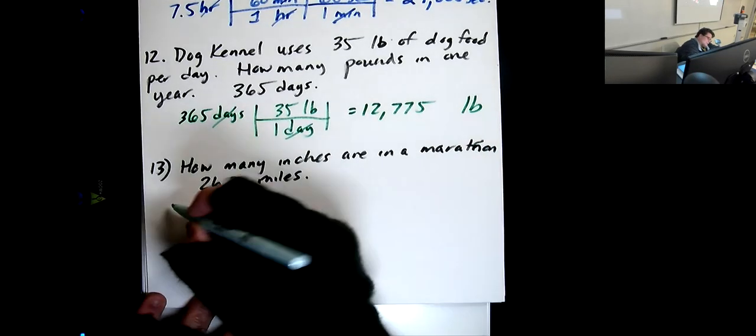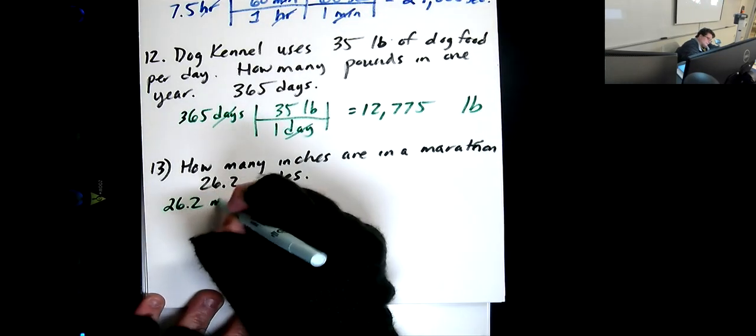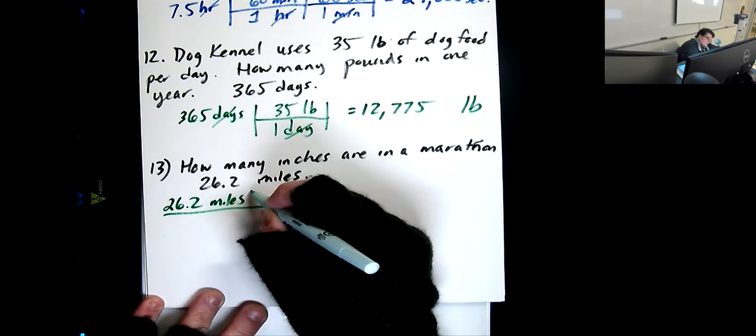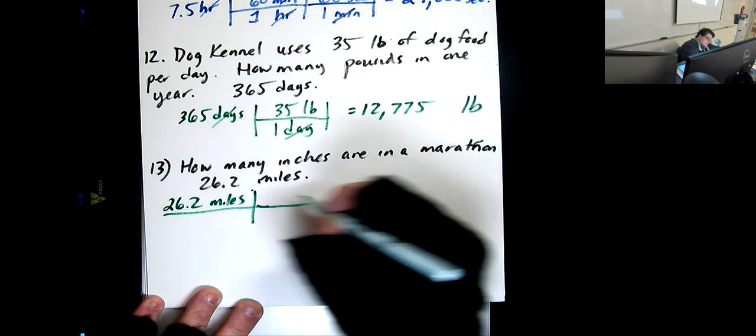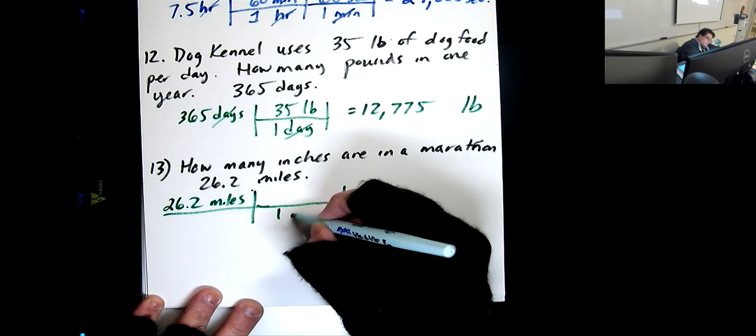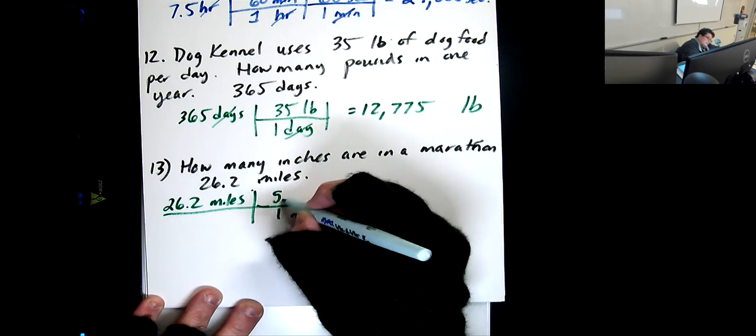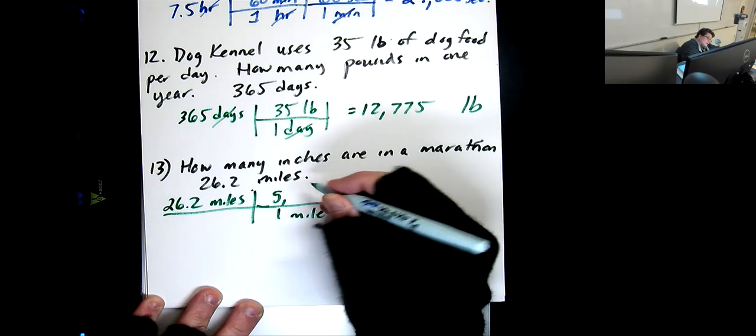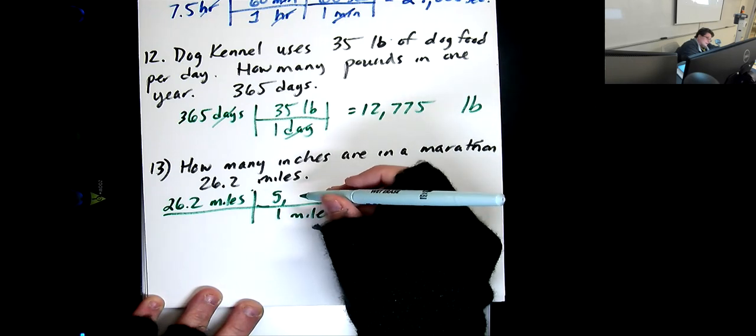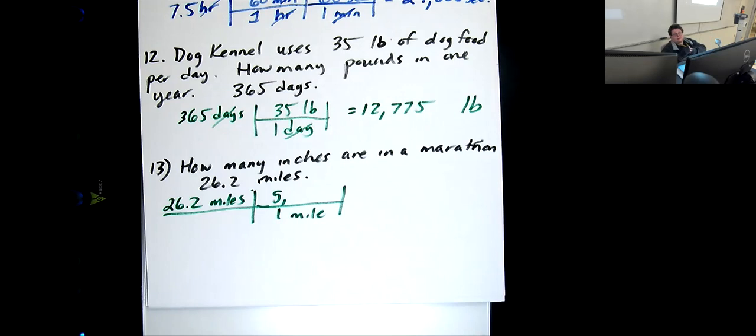So I start with 26.2 miles. Mason, how many feet are in 1 mile? 5,282. It's not 81, it's not 83. You don't know it. Yes, I do know it. Then why give up, you're lying to me, deliberately misleading me. No, I know it ends in a 4 or a 6. Now you make me question. 5,280.